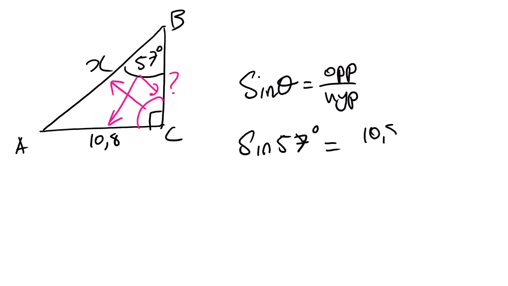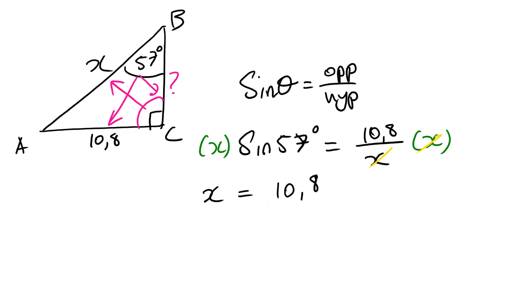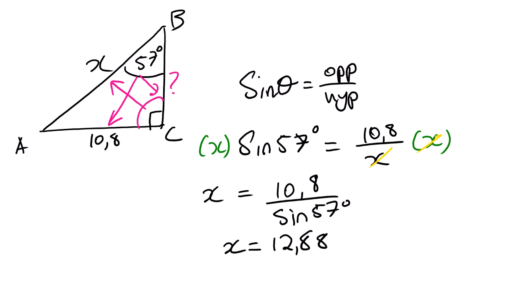The opposite side is 10.8 over x. You multiply both sides by x. This will get rid of the fraction, and then you have x equal to 10.8 divided by sine 57. Our answer will be 12.88.